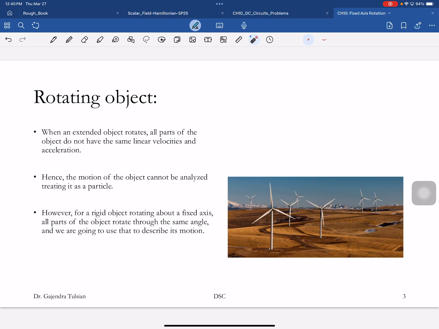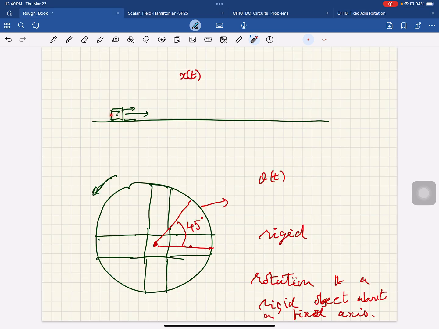The displacement is larger than for this point. So the motion of the object cannot be analyzed by treating it as a point particle. For this one, you were able to treat the object as a point particle. When you drive your car along a straight line, you can treat your car as a point particle, even though it's not a point particle.